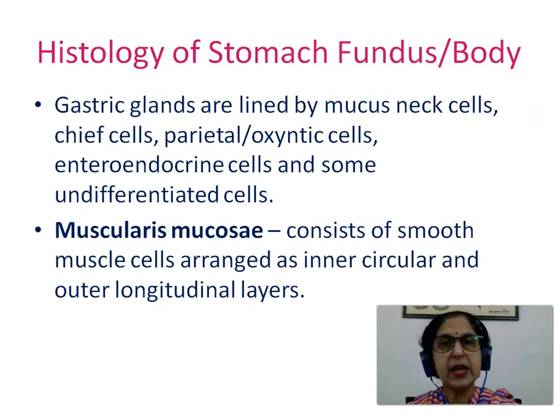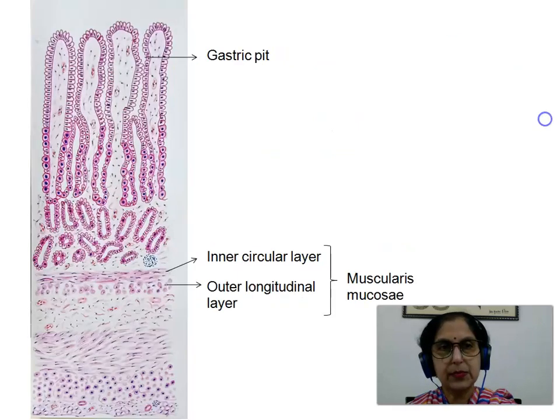Gastric glands are lined by mucous neck cells, chief cells, parietal or oxyntic cells, enteroendocrine cells, and some undifferentiated cells. These all cells we will be studying a little later. Muscularis mucosae consists of smooth muscle cells arranged as inner circular and outer longitudinal layers.